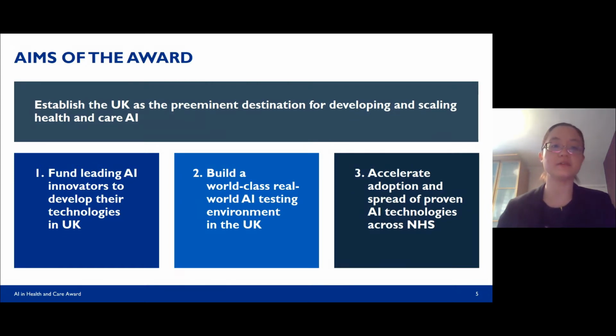Secondly, we aim to build a world-class real-world AI testing environment in the UK, which is probably the most relevant aim for this conference. And finally, we are looking to accelerate the adoption and spread of proven AI technologies across the NHS.